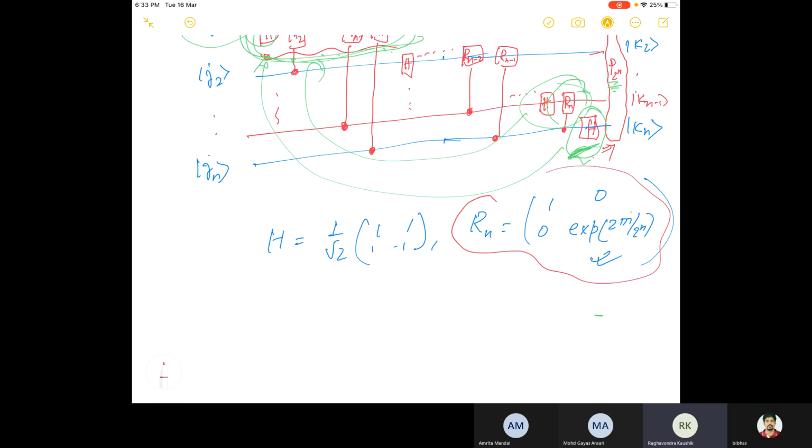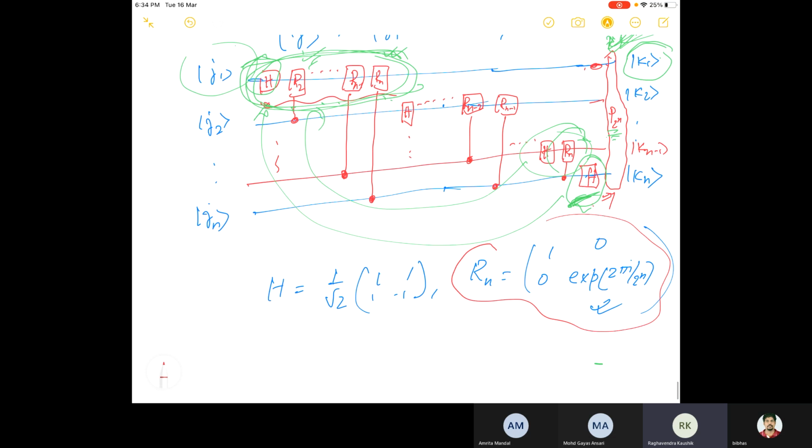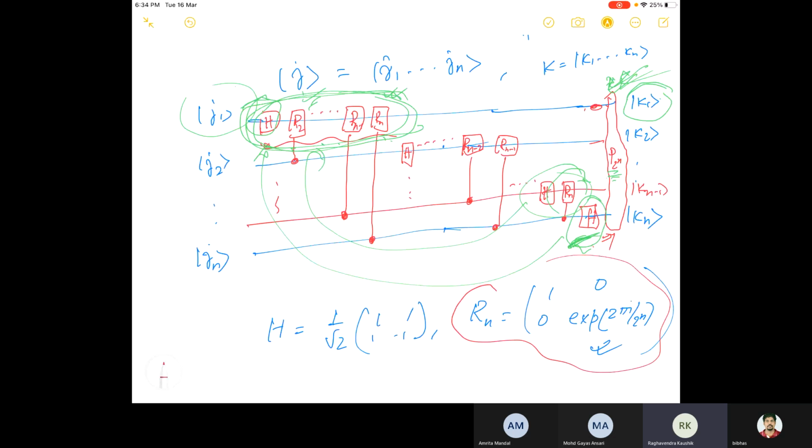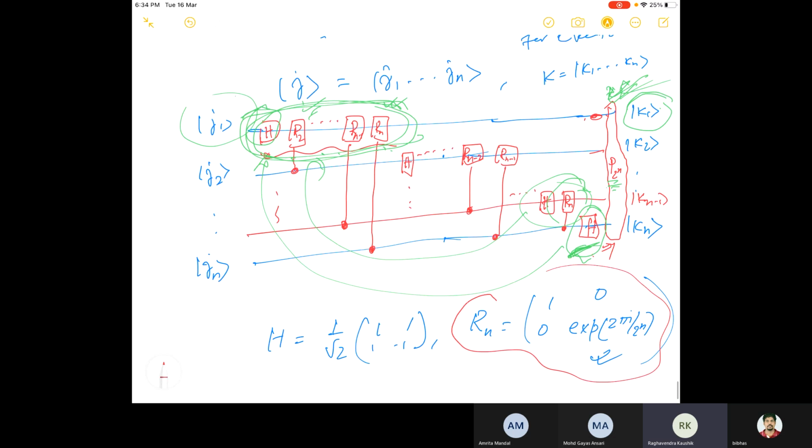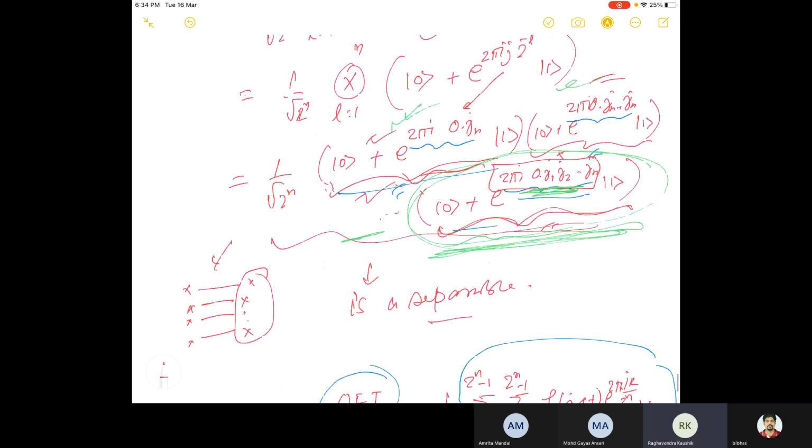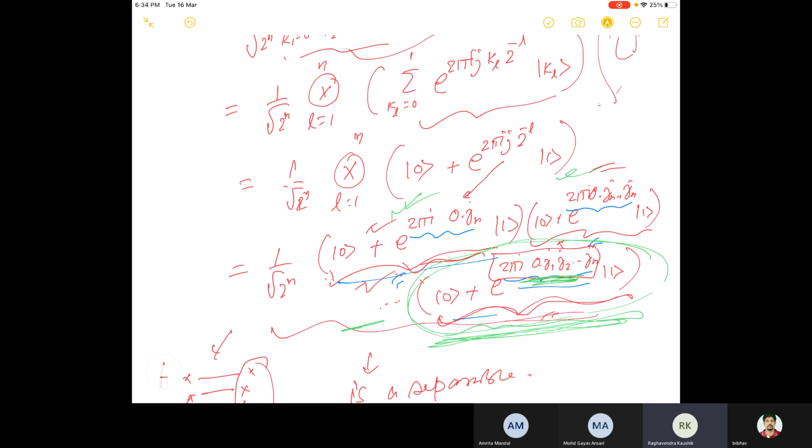And the Hadamard is to make it into all the bases, the H gate. So here you see why you need a Hadamard. Say J1, J2 are all 0 or 1. J1 could be equal to 0, J2, but you want to make it into this kind of thing, 0 plus 1, and then you want to change the phase.